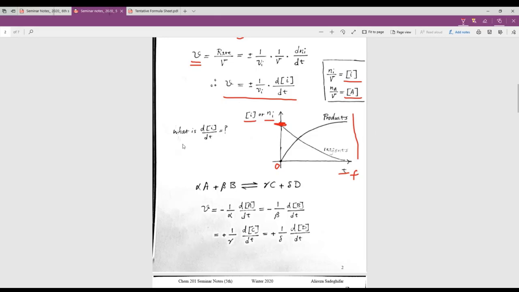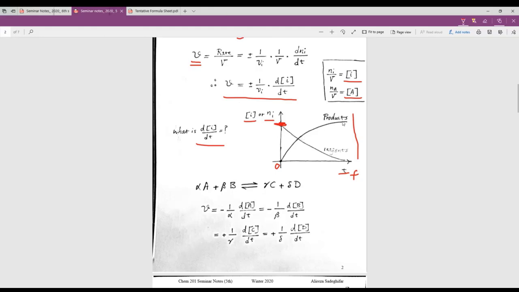Okay, but what is this d[I] over dt? Let's say if we plot the graph of concentration of I against time, then d[I] over dt at any point is the slope of this graph. For the products, it's positive, as you see here.